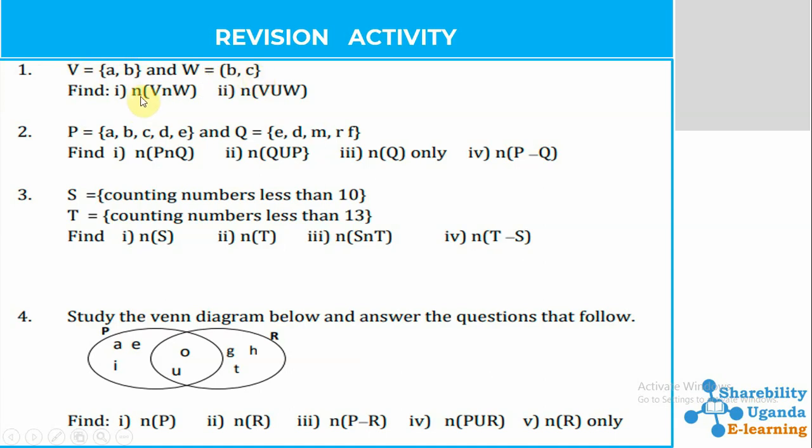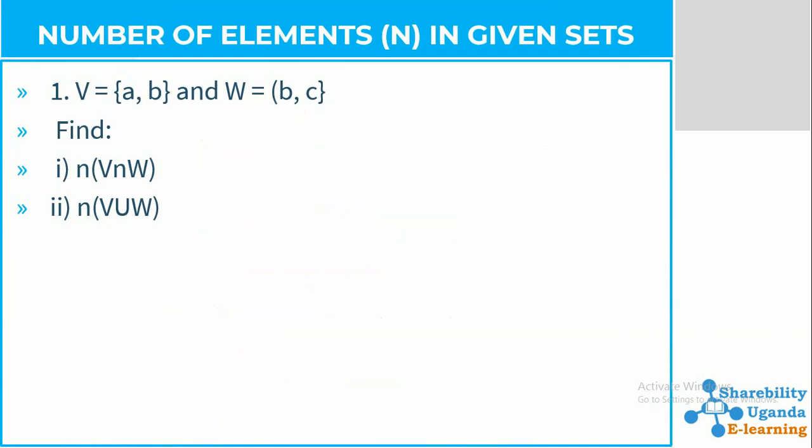They are telling us to find the number of elements of set V intersection set W. Then Roman numeral 2, they want us to find the number of elements of set V union set W. In our recent video, we were able to understand how you get the number of elements of an intersection.